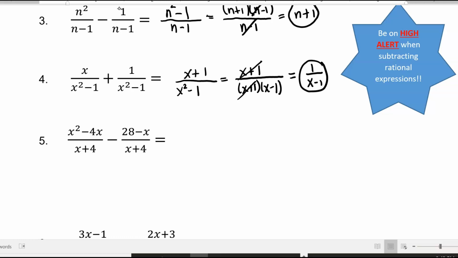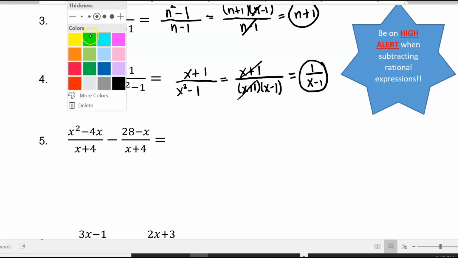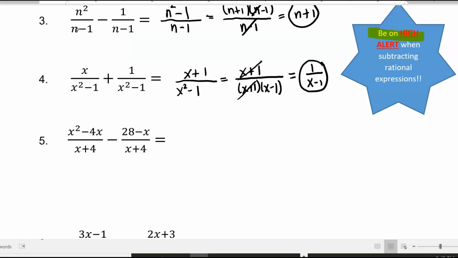Moving on to number 5, I always try to remind you that when you're dealing with subtraction, please be on high alert, okay? When you are subtracting, please be on high alert. So as a precaution, you could put a parenthesis around this so you'll know that you need to distribute your negative sign here.